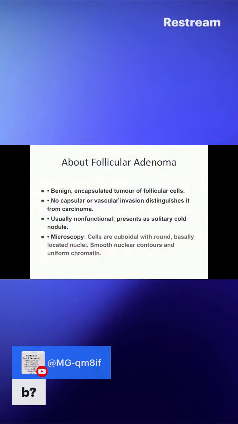The most important thing with follicular adenoma, and it's really important to distinguish follicular adenoma from follicular carcinoma, is the capsular or vascular invasion. If you have capsular or vascular invasion, this is follicular carcinoma, not follicular adenoma.